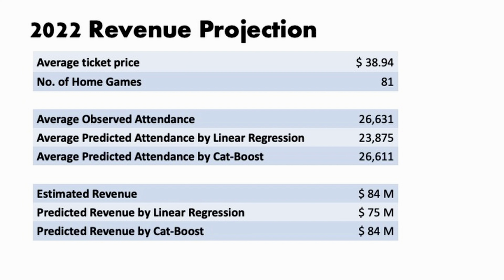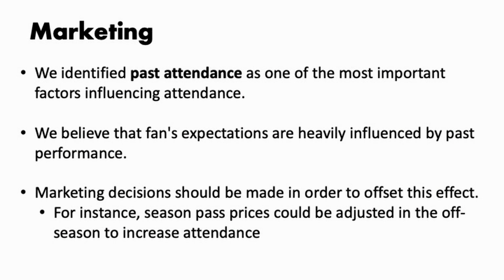We did the same to find a predicted revenue by linear regression, and then we found the actual estimated revenue by looking at the average actual observed attendance in 2022. Comparing the three, we can see that the predicted revenue by our CatBoost model is very similar to the actual estimated revenue, whereas the predicted revenue by linear regression is off by almost $10 million.